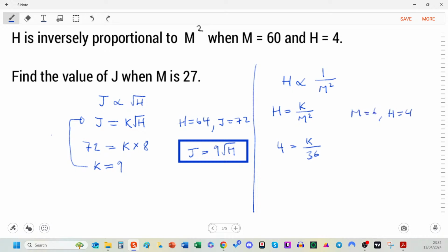We can probably squeeze that in. 60, that's better. I was going to say, that's a very small number. So that's actually a little bit more awkward of a number. But if we do 4 times 60 squared, that's going to be 14,400. And that's the value of k. So we put that back into our equation. So we get a proper equation now. I'm going to write it underneath. H is equal to 14,400 all over m squared.